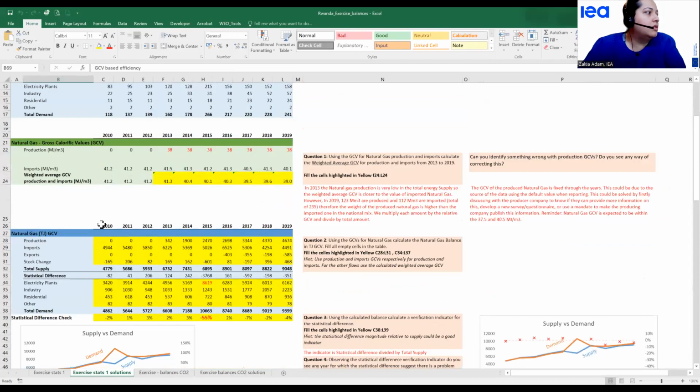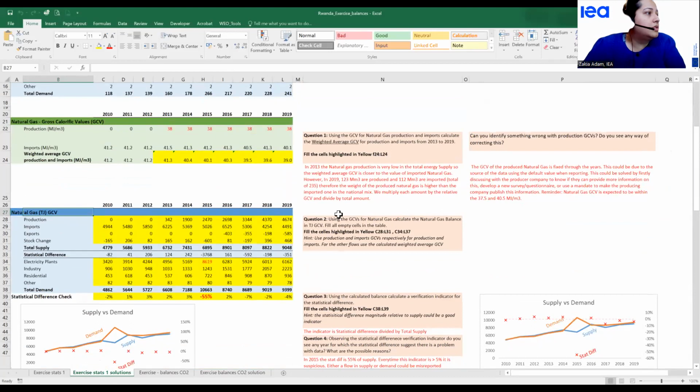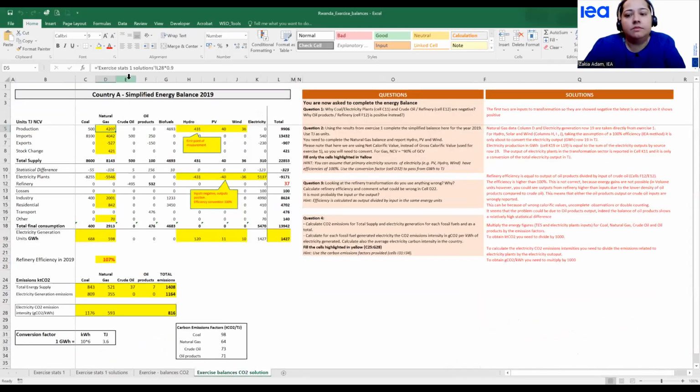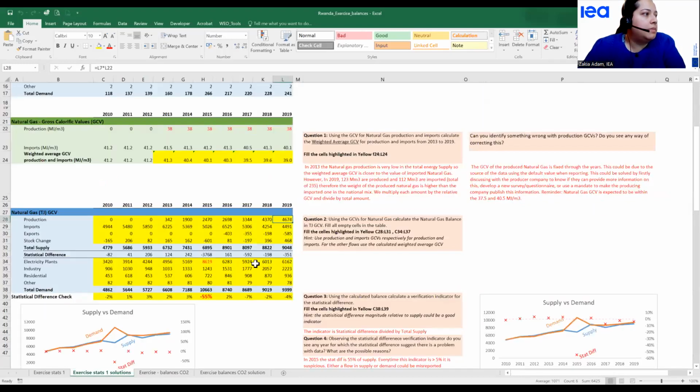Here you already have it, right? But it's in gross terms. So for the production, 4,674, you just multiply it by 0.9 and you get your production. You do the same for imports, exports, stock changes, electricity plants. You fill out everything based on this table here and multiply by 0.9.